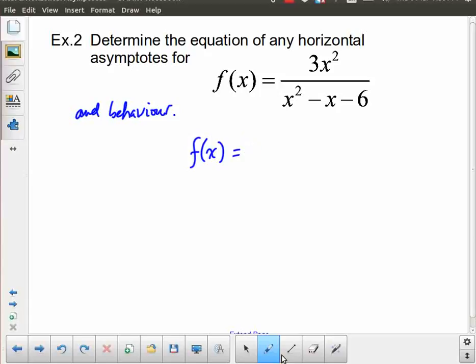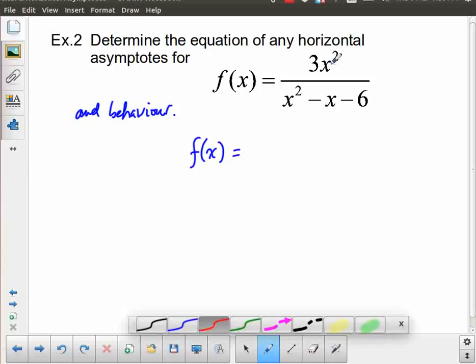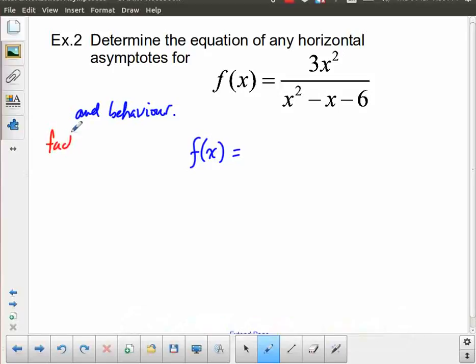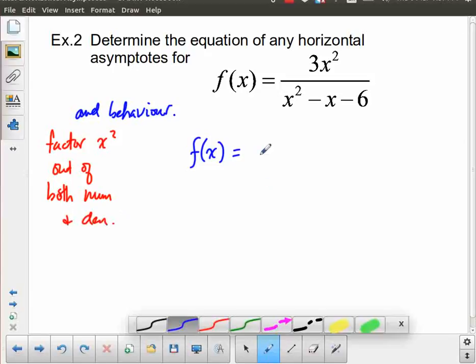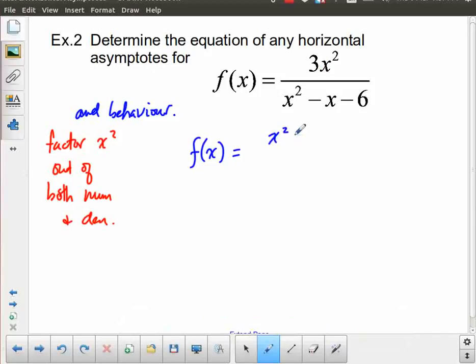The way I'm going to do this is I take a look and see that my highest order term is order 2, an x squared. So I'm going to factor x squared out of both the numerator and denominator. What will that look like? Now it almost seems trivial, but in the numerator I'm going to take out an x squared, leaving behind just a 3.